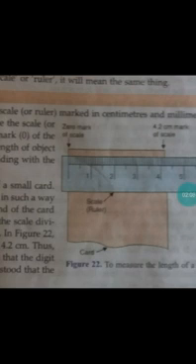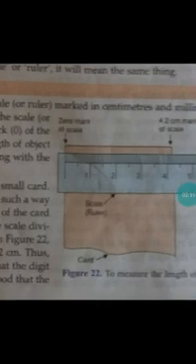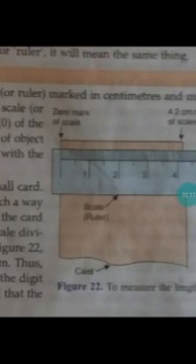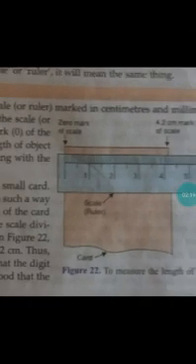See, 1 2 3 4 5, like that it is marked, and in the middle of this 1 and 2, there are some more divisions. So we will see how it is done. Whenever we measure the length of any object, we place the scale along the length of the object and then we start measuring from the zero mark of the scale, and then we go to the right end of the object.